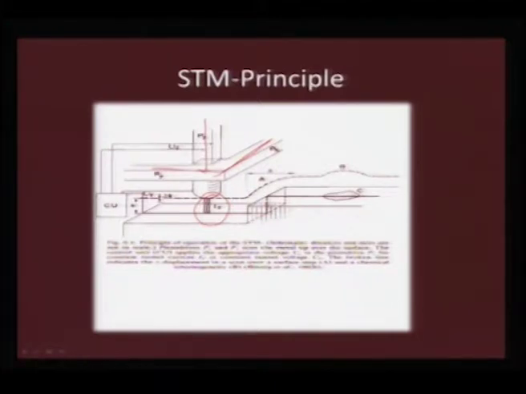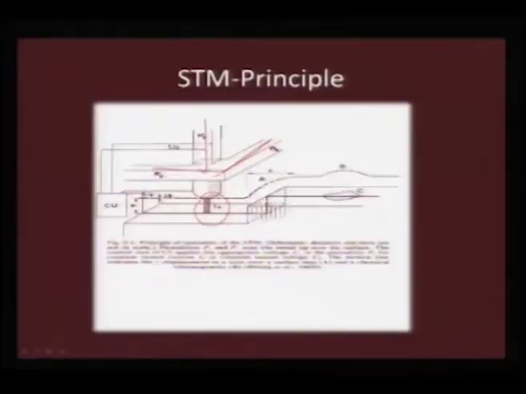Once you establish the tunneling, you can move in the XY dimension to any part of the sample you are looking for, and the control unit will take care of applying the required voltage for sustaining the tunneling.